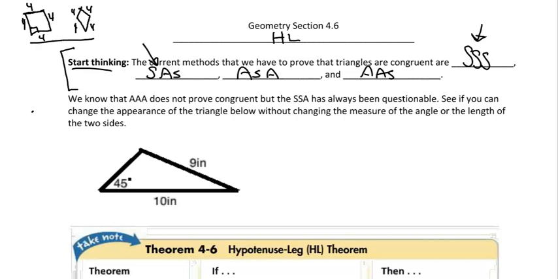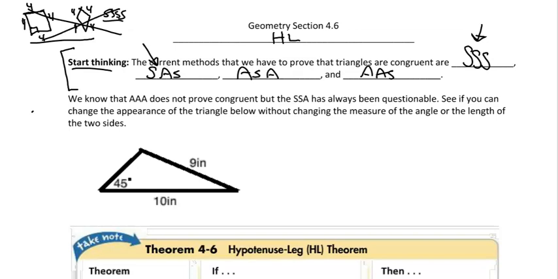Now, what I mean by this is there's more than one possible quadrilateral that you can make if you know all the side lengths. Therefore, SSSS would not be enough if you are looking at quadrilaterals to prove that they are going to be congruent.